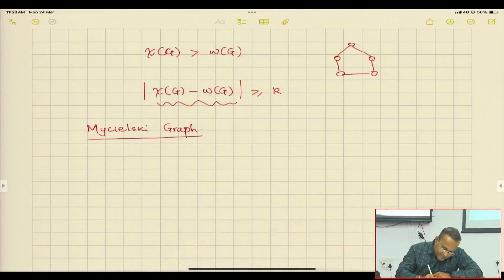So basically we can get from a graph G, let G be a graph where V is the vertex set, and let us take x1, x2, like that, n number of vertices.